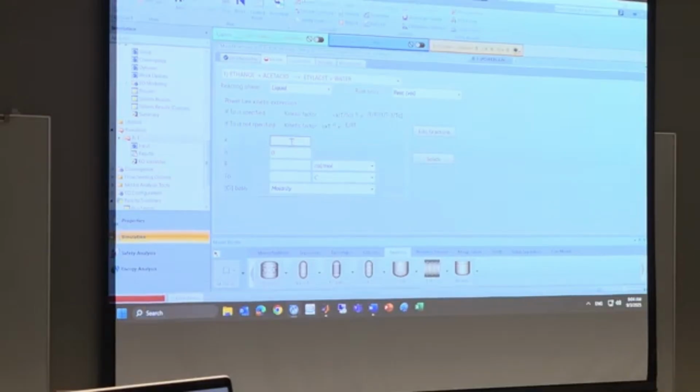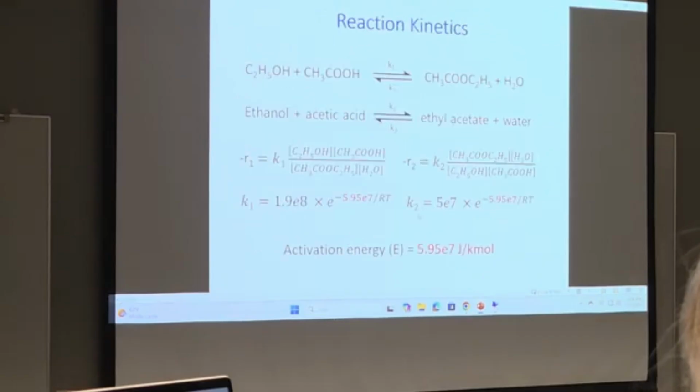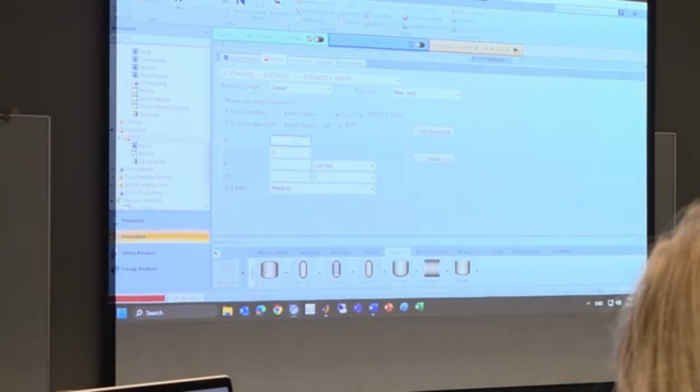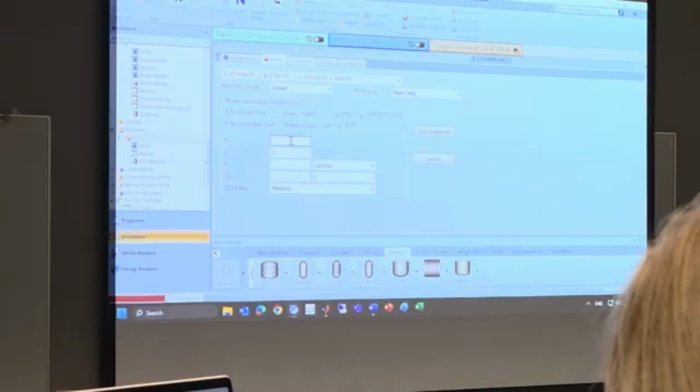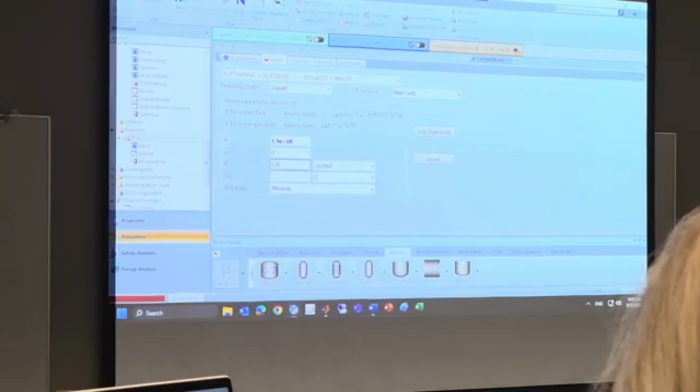So for the K value, let me show you, just in case someone didn't get this. The reaction rate constant values are given, and the activation energy is given. We are going to use that information for the reaction kinetics. The K value here is 1.9 e to the 80, and the activation energy is 5.95 e to the 7.